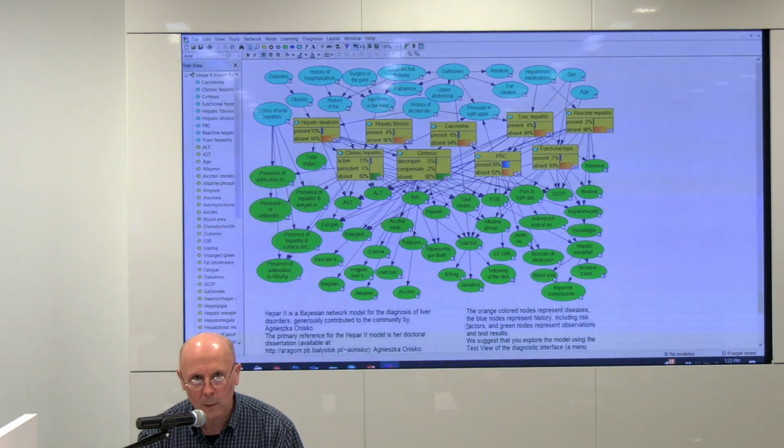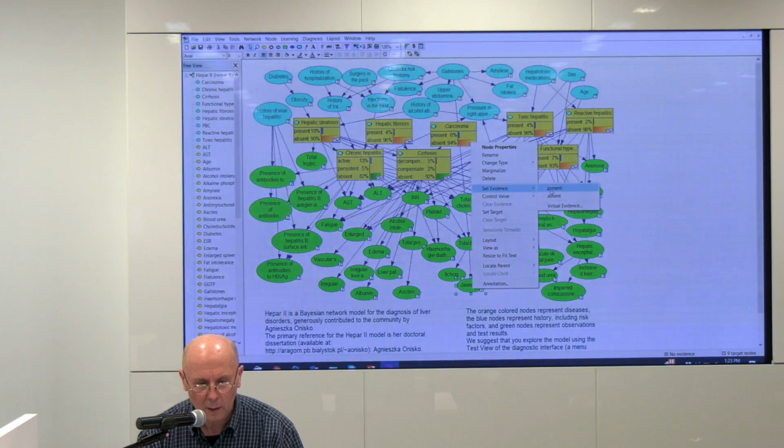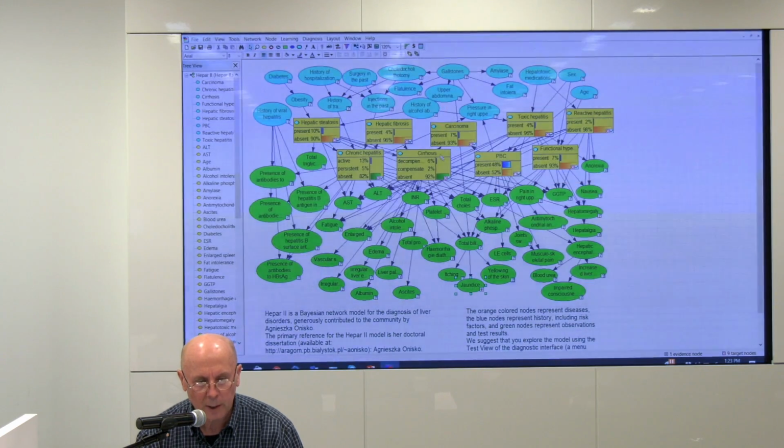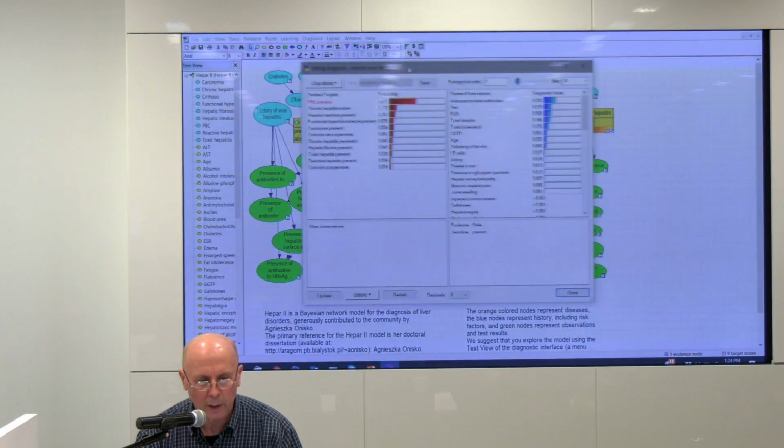The green nodes are symptoms and test results. What you can do with it is you can start reasoning. For example, observing jaundice results in updating the probabilities of the diseases. It's a diagnostic model. For diagnosis, we have special extensions, so you can invoke them.